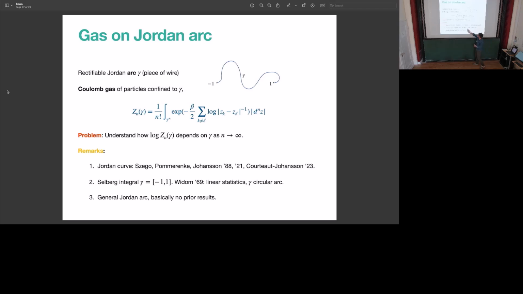Then in Kurt's thesis, he studied this Szegő limit theorem problem for somewhat more general curves. These general curves were also considered in a monograph by Szegő in the 30s.